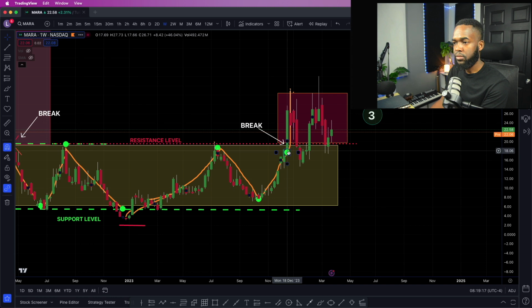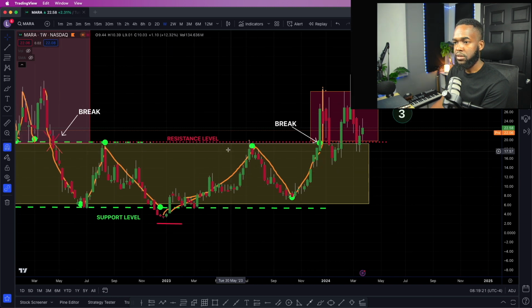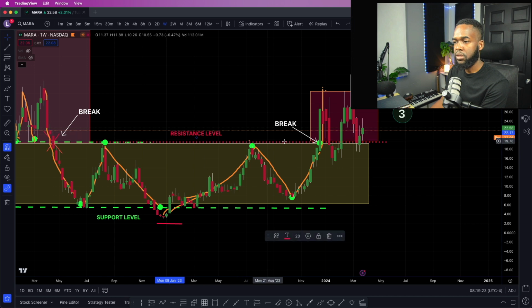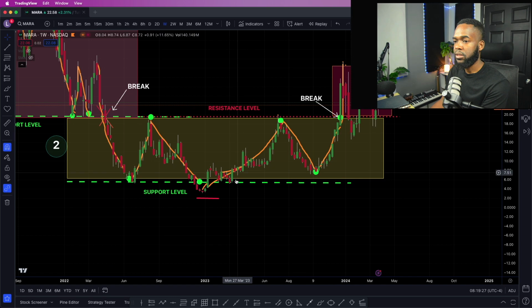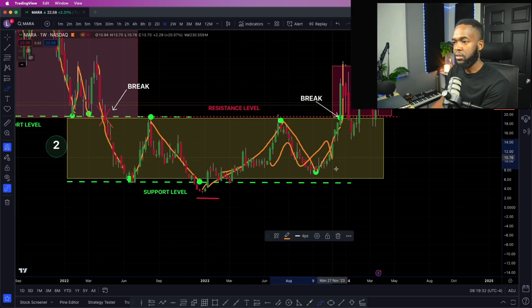Now what happened here? This resistance level now becomes support, because at some point we were in this area. And now if we break this area, price is above here.